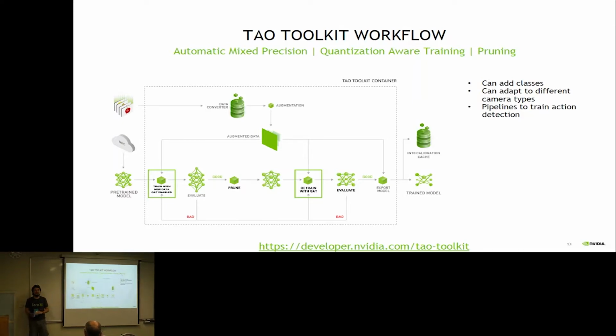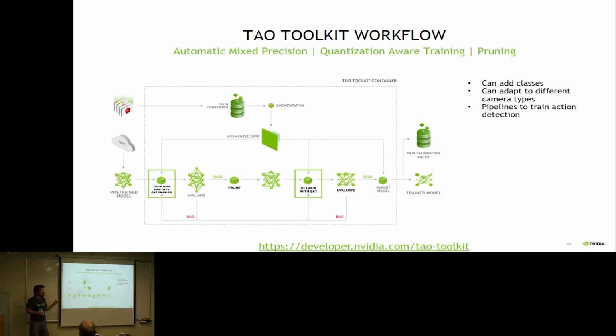And pruning, I guess many of you know, is taking out the layers or reducing the dimensions of the tensors inside your neural network, so that you can actually reduce its size. And size reduction, as we will see, gives you some benefits in the performance as well. And pruning is implemented in TAO as basically a command line switch.